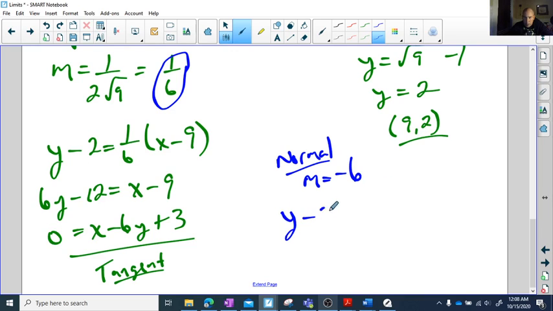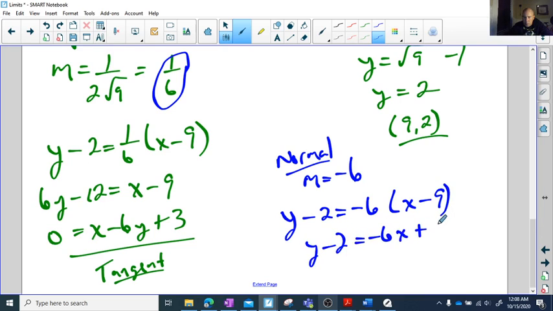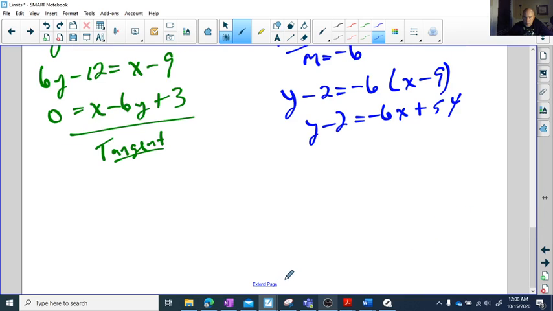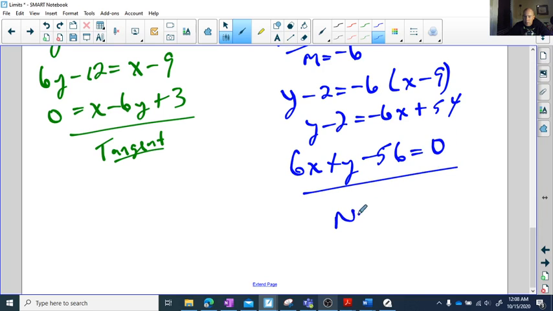So now it's y minus 2 equals negative 6, x subtract 9. Y minus 2 is negative 6x plus 54. X is negative, so let's move these ones to the left. 6x plus y, I got to subtract 54, so that'll give me subtract 56 equals 0. There's my normal. So there's the equation of your normal, there's the equation of your tangent.